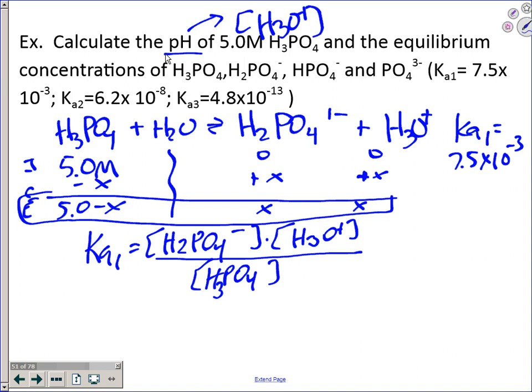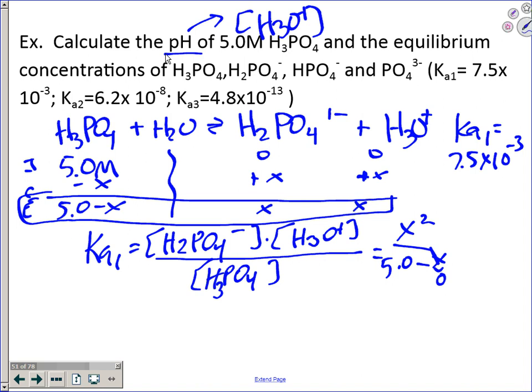This is set equal to the Ka. When I plug in my x's, it's the same general setup: x squared over 5.0 minus x, and then I show neglecting x. And I'm neglecting x because why? Well, one, I don't want the quadratic equation, but there's a reason I'm allowed to consider it.